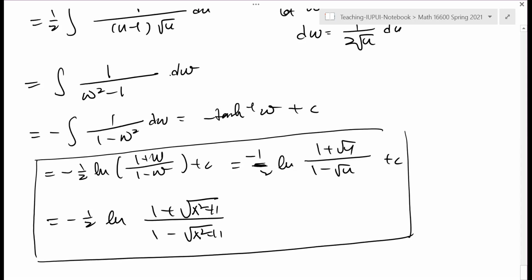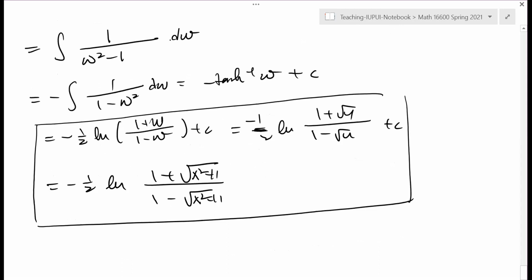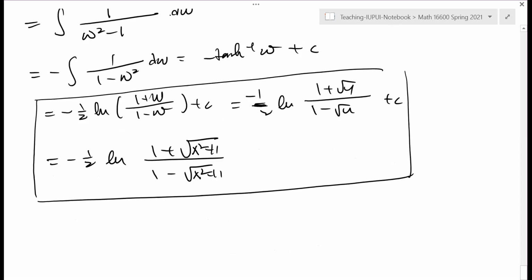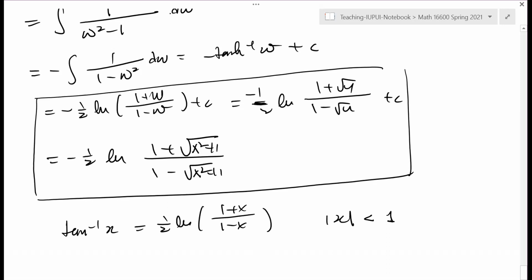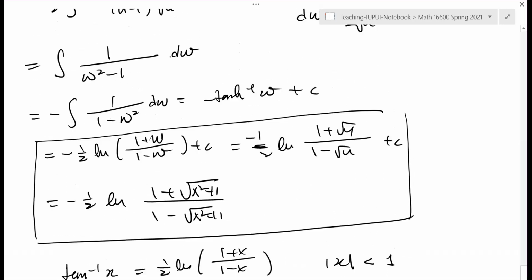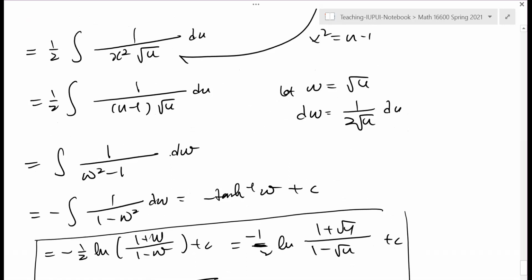The reason is this formula, natural log of (1 plus x) over (1 minus x), is only true for absolute x less than 1. But our w is going to be the square root of u, where u is x squared plus 1.